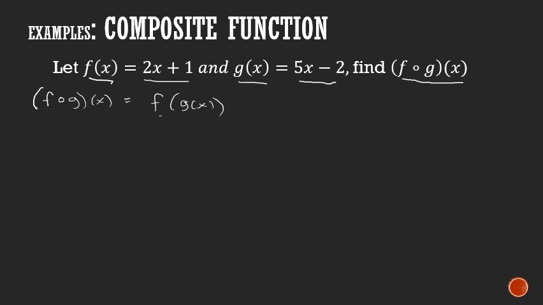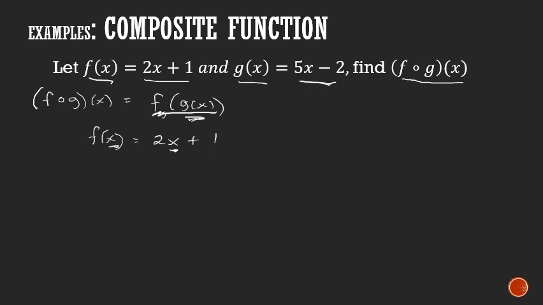In this expression, the value of x in the f function will be the g of x. So if you have the f of x equals 2x plus 1, the value of x will be replaced with the g of x. We have the 5x minus 2.